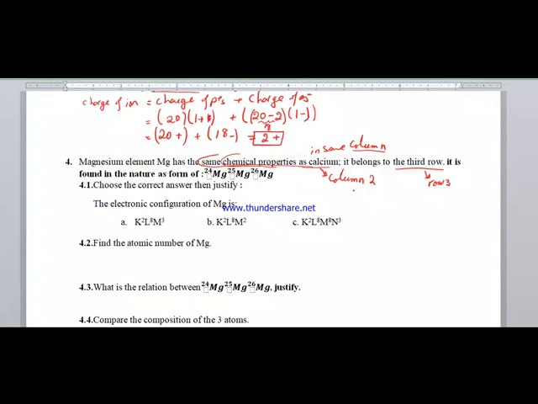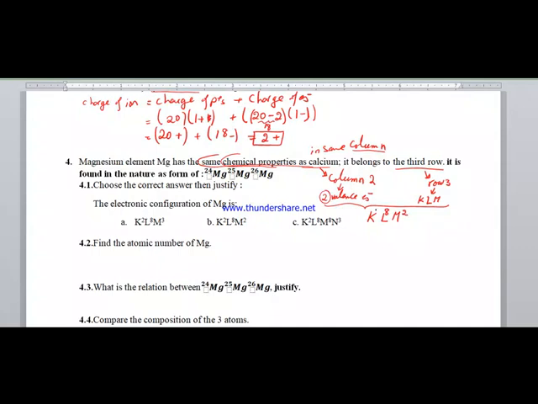Since it is in column 2, this means we have 2 valence electrons. Since it is in row 3, we have 3 energy levels: K, L, and M. If we combine these two meanings, we can write K, L, and M. The number of valence electrons is 2, so the outer energy level has 2 electrons.